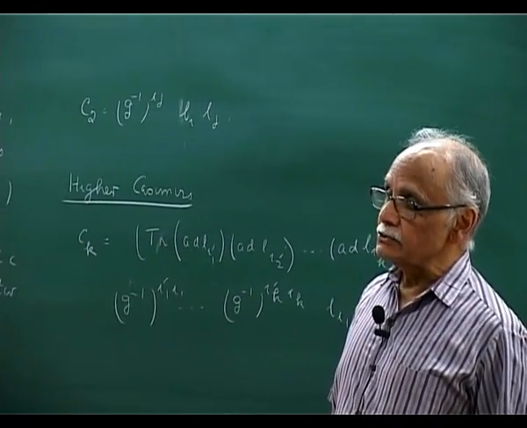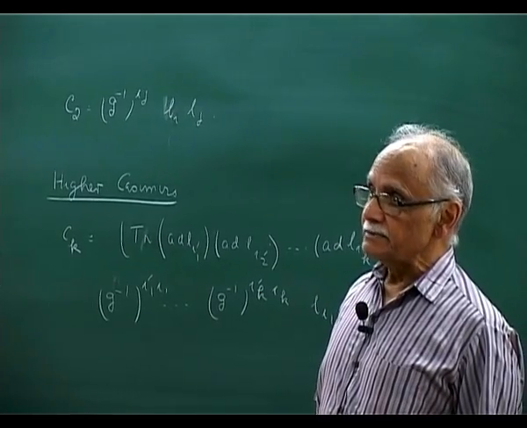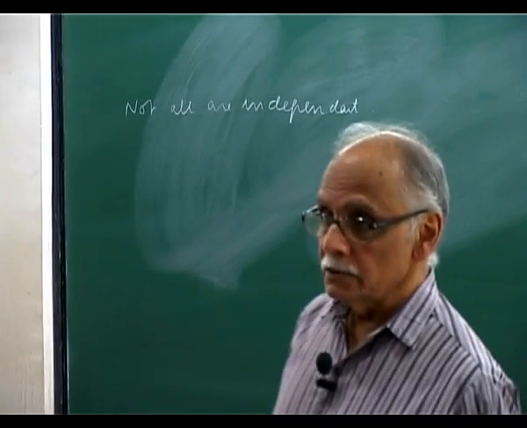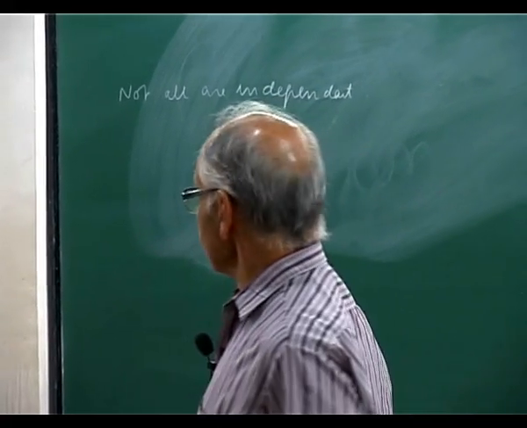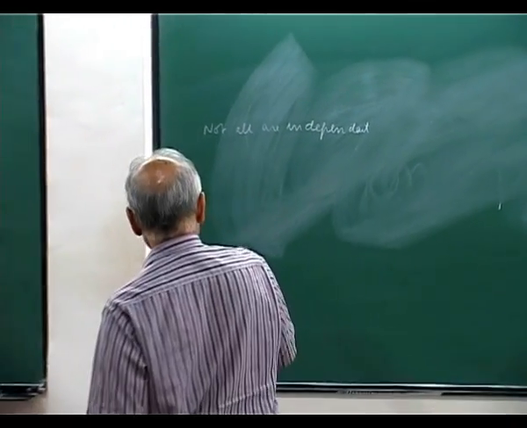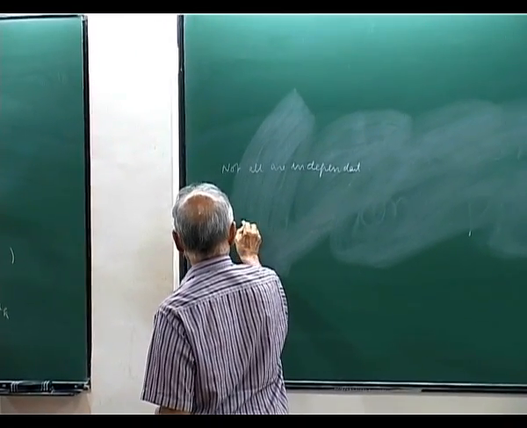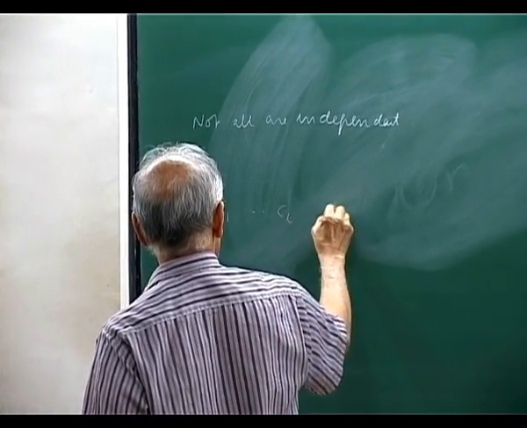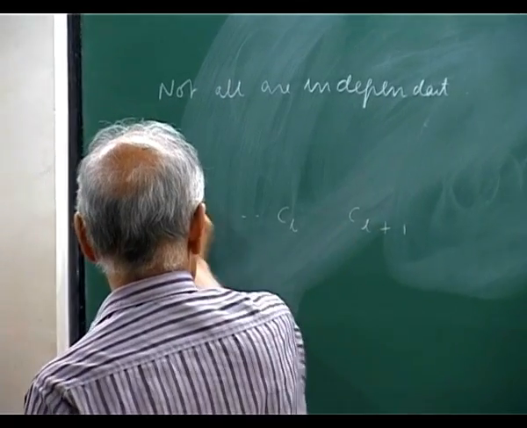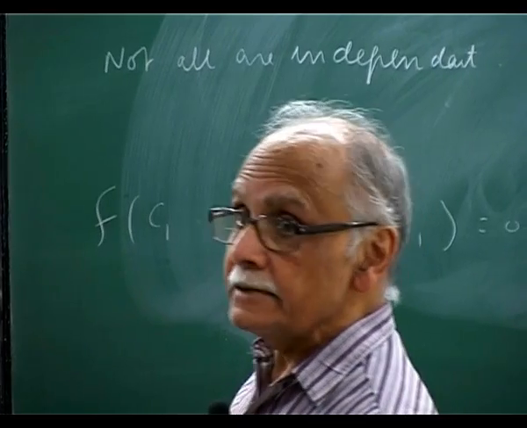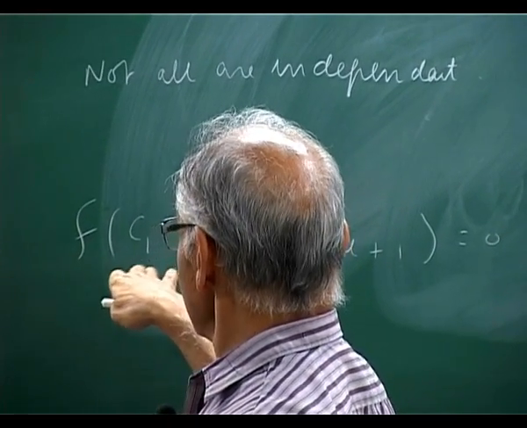There are theorems on this. Wait, by invariant you mean independent? By independent I mean the following: suppose you have C1 up to CL and all the higher ones, and there is some function of these which identically vanishes in all representations.